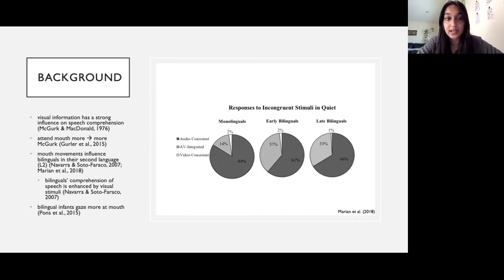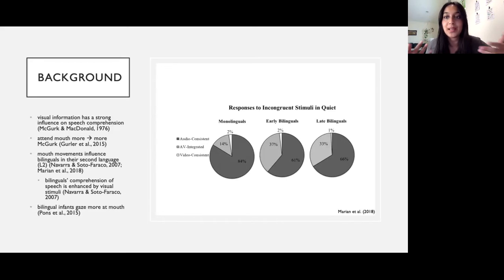We see this data here. This has been taken from a McGurk study looking at bilinguals and monolinguals by Marian and colleagues. So we see there's a monolingual group and then an early and a late bilingual group. In these pie charts, the target area is this AV integrated in light gray, which is basically saying this is McGurk.